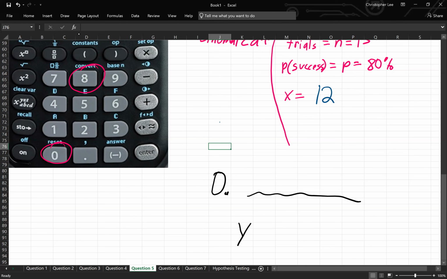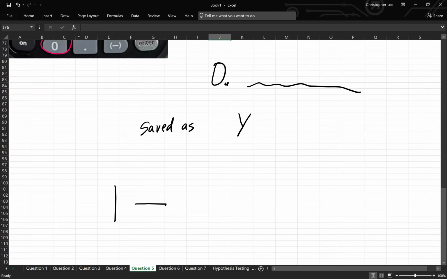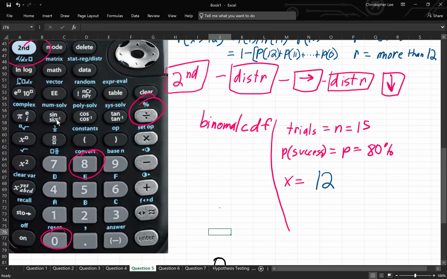You guys should be jumped back to the original page. All right, you're on the original page? So now, after it's saved as Y, on the original page, I want you to type in 1 minus, and then type in the Y. On the calculator, let me show you where the Y is.